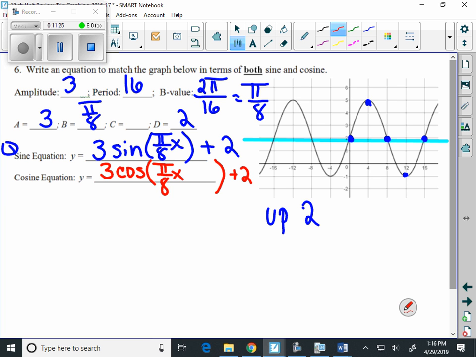So in this particular case, and remember, there's multiple answers. I happen to look at my cosine function as here, here, here, here, and here as those red points, which means that I moved my graph to the left. So left is going to be plus.